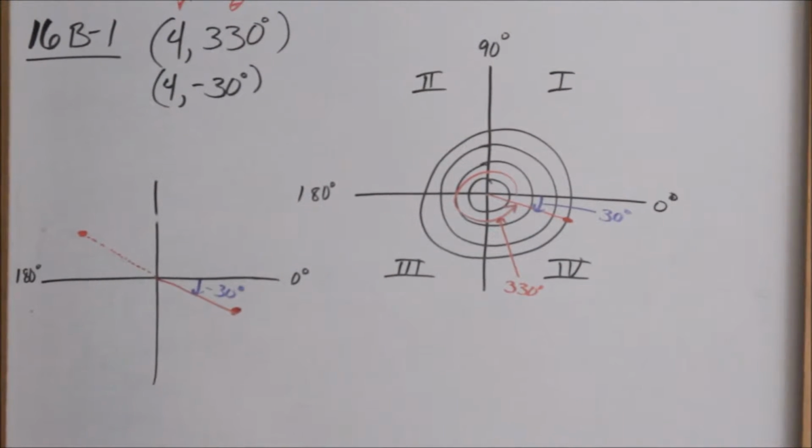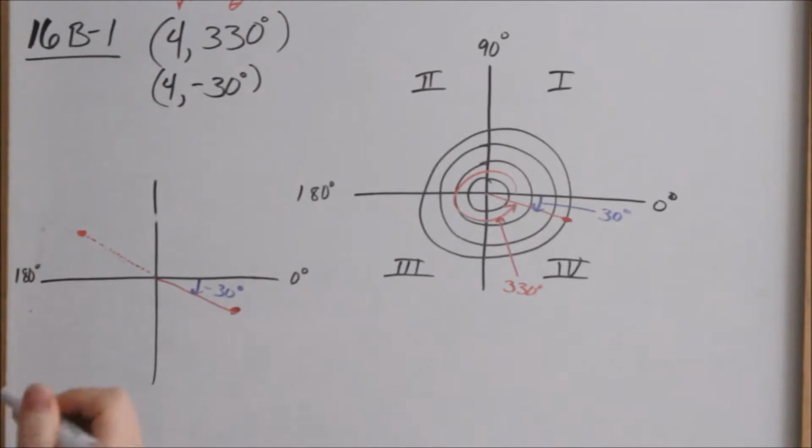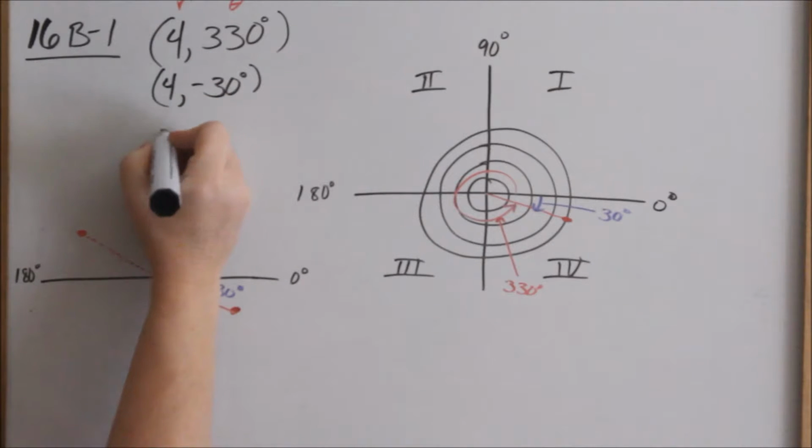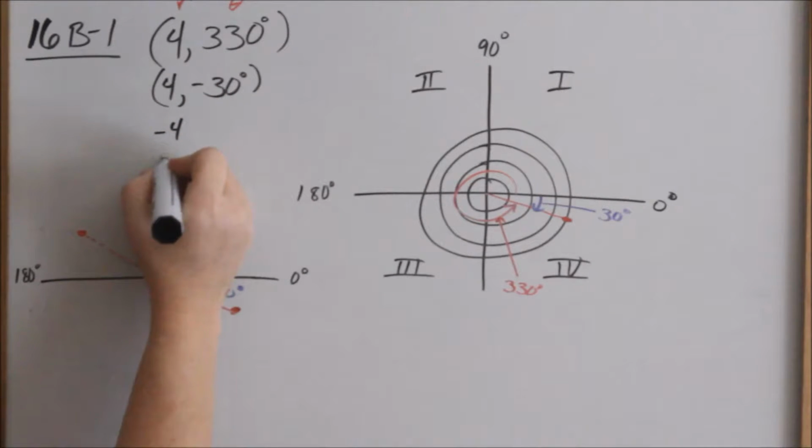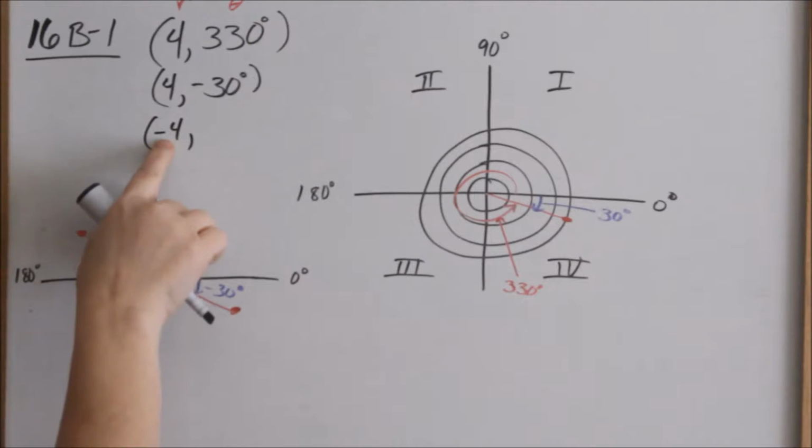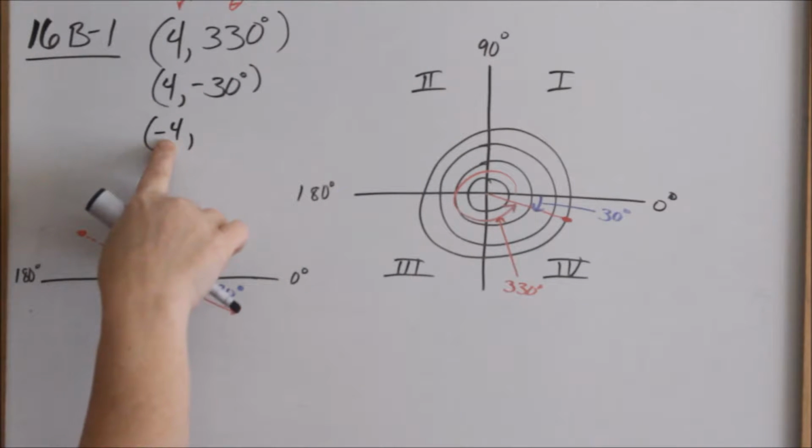Positive x means to the right, negative means opposite of right, which is to the left. Okay, so this is now going in the opposite direction, straight the opposite direction, so we're going to label it as a negative 4 because we are just going in the straight opposite direction.